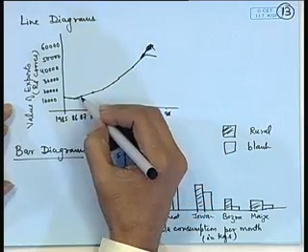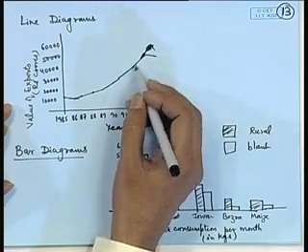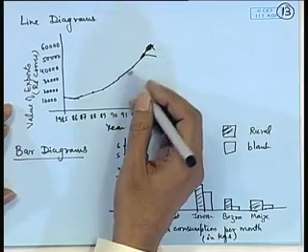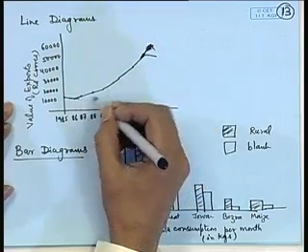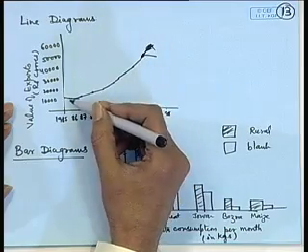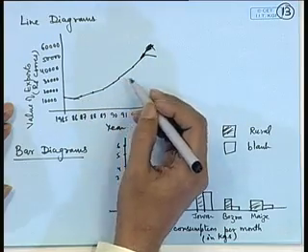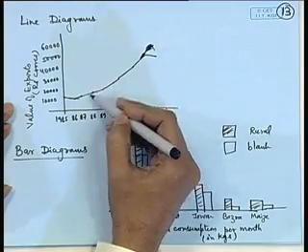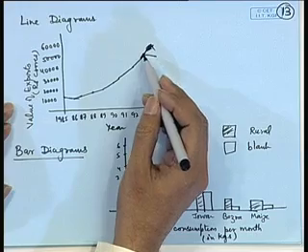Now, this gives an extremely clear position of the volume of the exports year wise, and you can clearly see a pattern that from the year 1986 to 93 there is clearly an increasing trend.